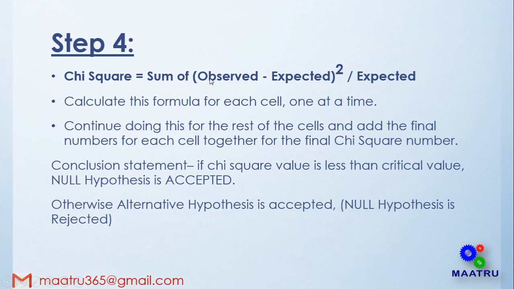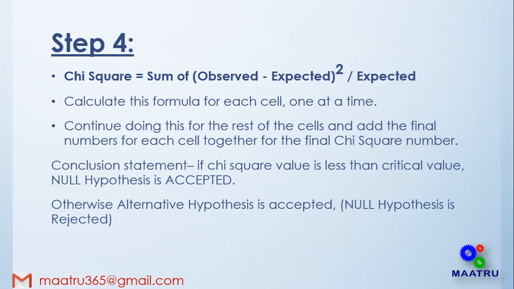That means the difference between observed and expected values squared, divided by the expected value, and the sum of all the cells' values is chi-square. Here one more tip is given for the conclusion statement: if the chi-square value is less than the critical value, then the null hypothesis is accepted, otherwise it is rejected, or the alternative hypothesis is accepted.